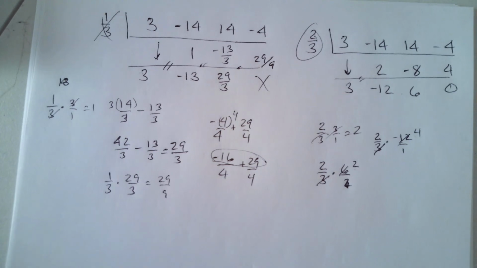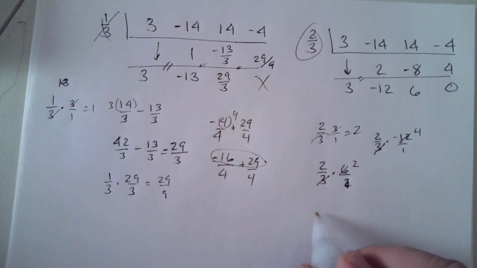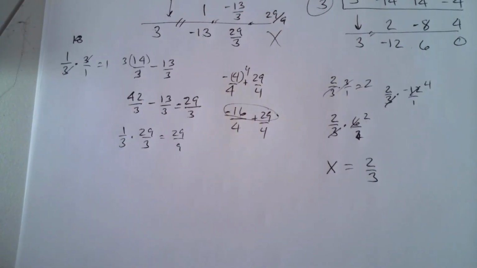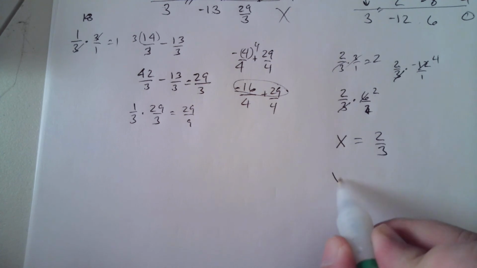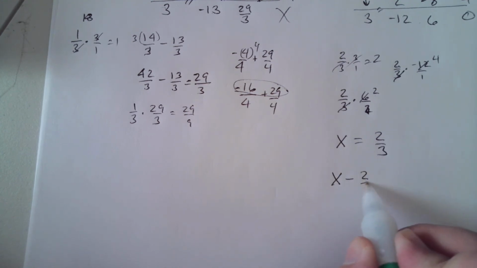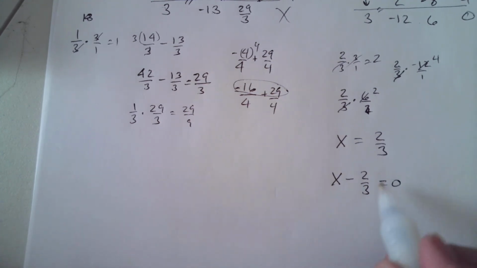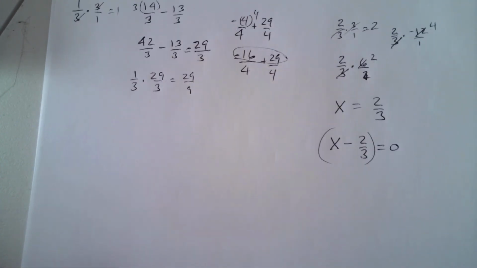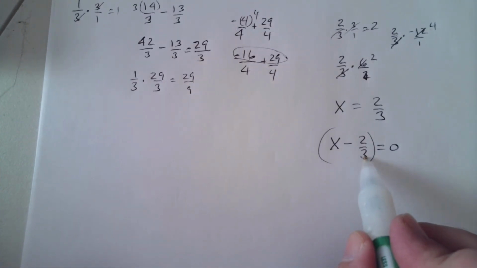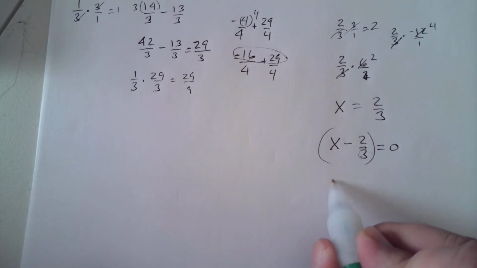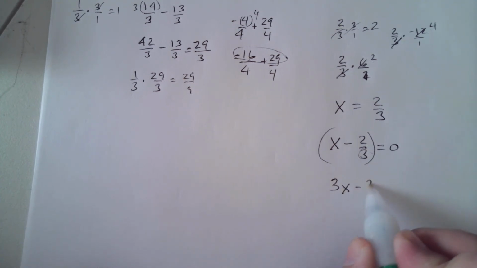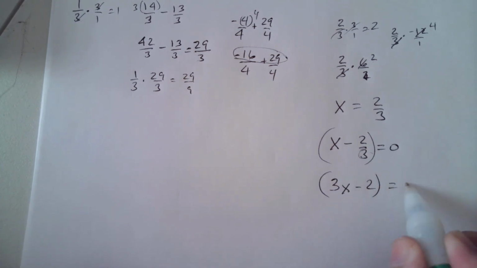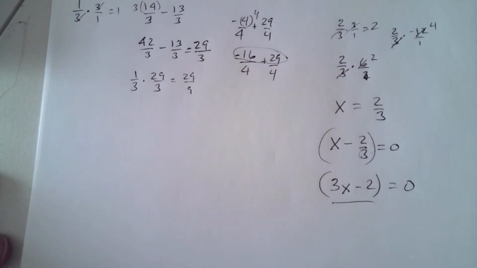We found a solution. So x equals 2 over 3, which means that x minus 2 over 3 is a factor, which actually means since this is the denominator, it goes in front of the x. So that's our factor. We found 2 factors.